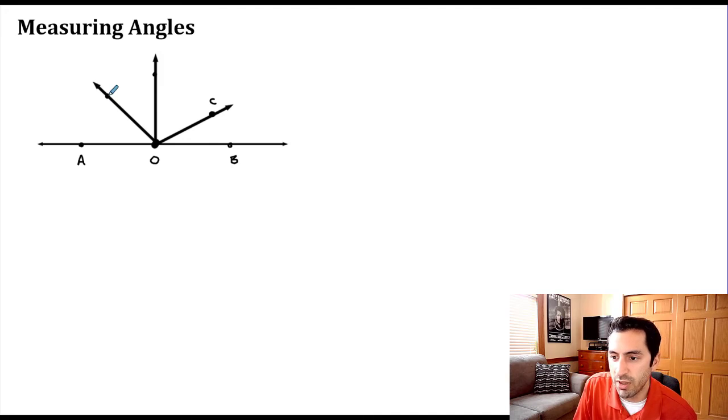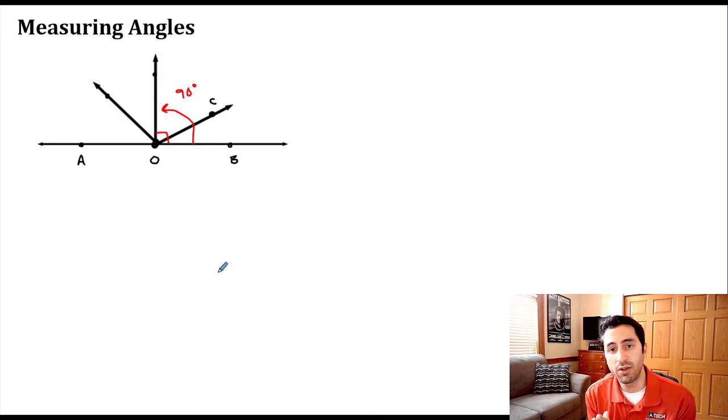So for example, I could draw in 180 different rays. Each one of those would represent 1 degree. So then what we're looking at is we're basically looking at how far do I need to rotate, and that's what a degree is. Okay, so in this case, maybe this one is 90 degrees.